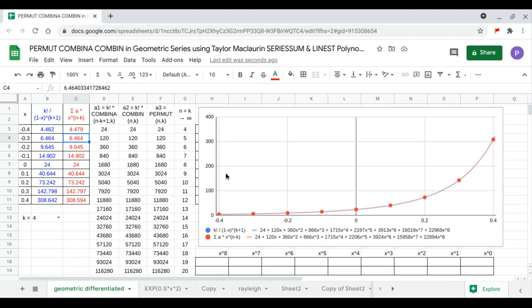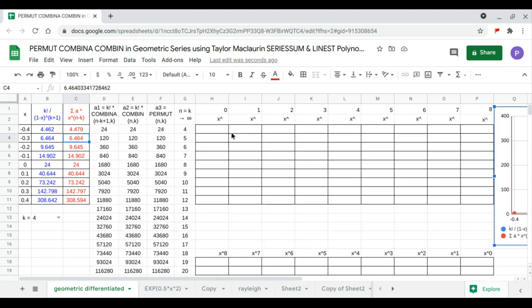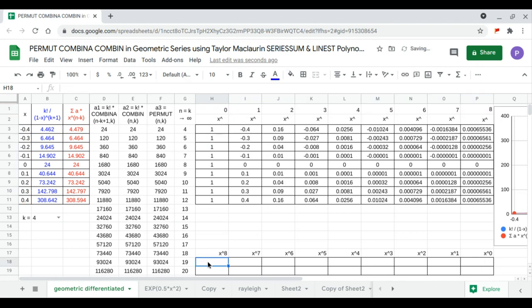You'll calculate these polynomials using LINEST Polynomial Regression. So this would be an array formula of the x values raised to the power 0 to 8. And calculate the coefficients using LINEST.